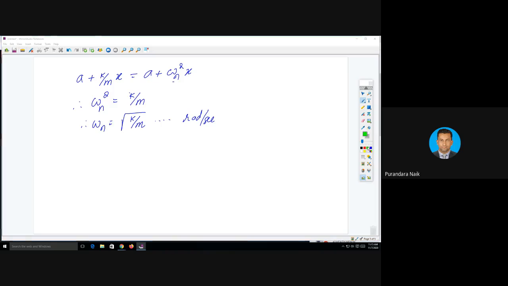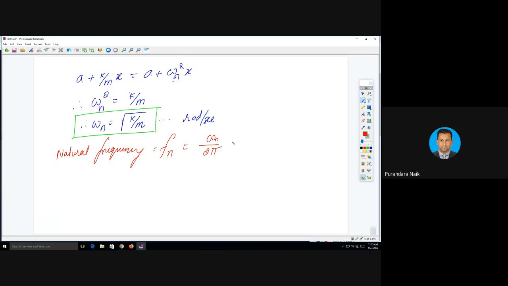This is the omega n equation for a spring mass system. Next, therefore, natural frequency is equal to fn. What is frequency? The frequency equation is omega n by 2 pi, right? That is what I have given in the note.